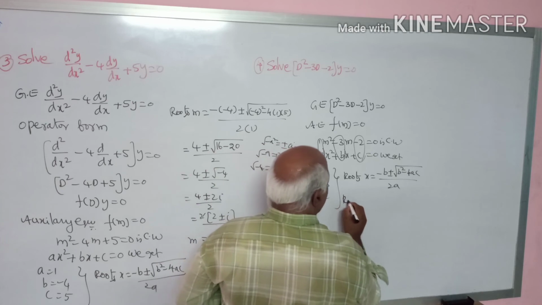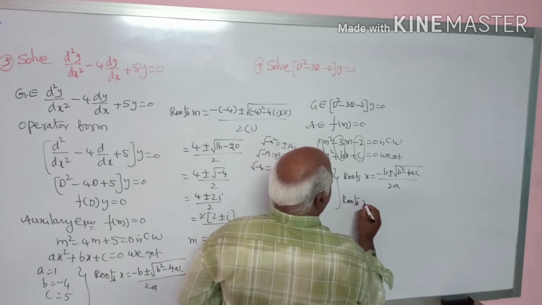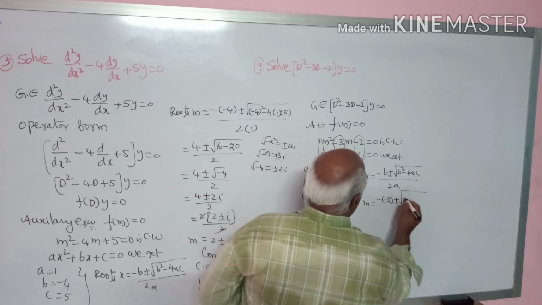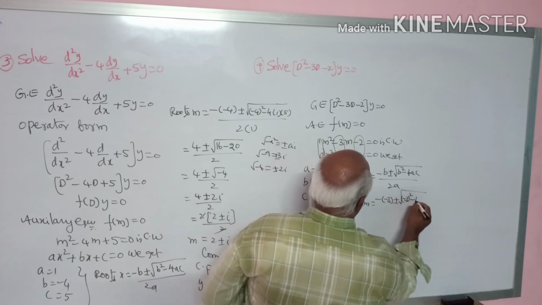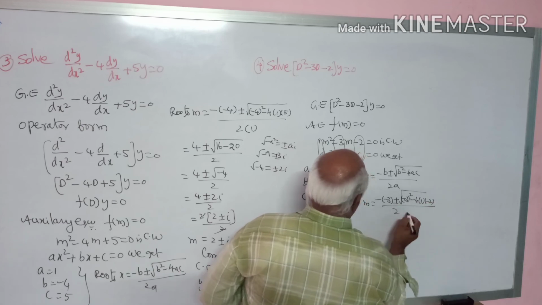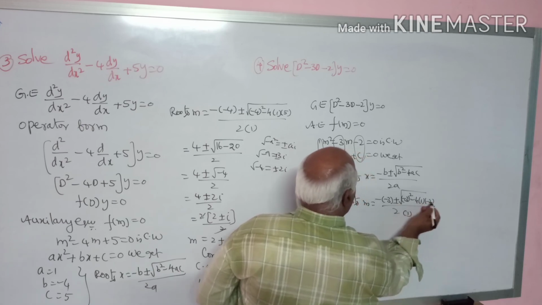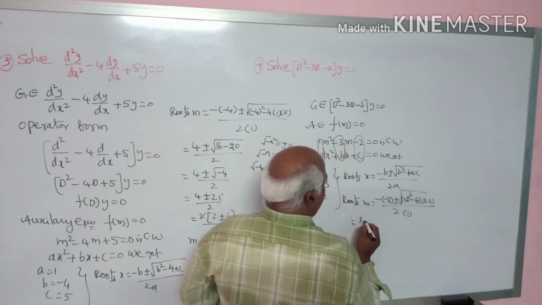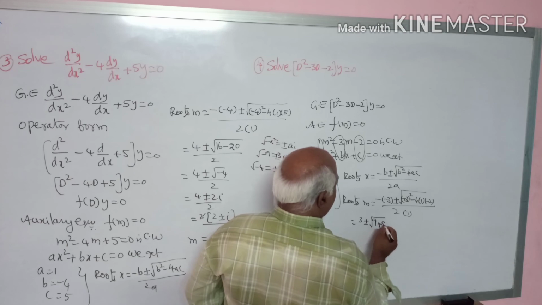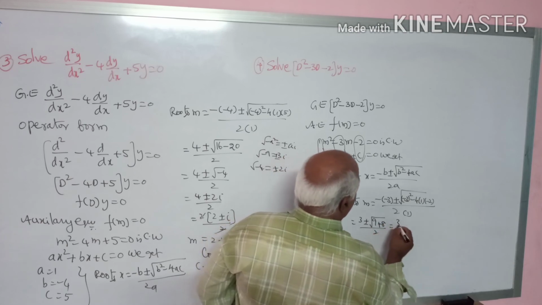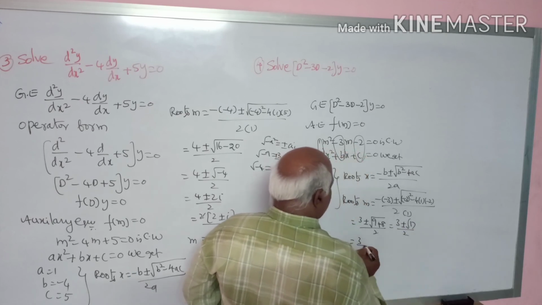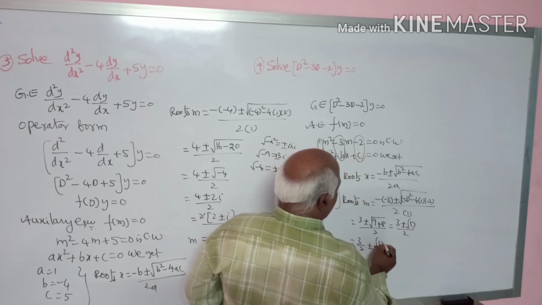Therefore the roots m is equal to, for the given problem, minus of minus 3 plus or minus root of minus 3 whole square minus 4 into a into c by 2 into 1, because the a value is 1 and the c value is minus 2. That gives 3 plus or minus root of 9 plus 8 by 2, that is equal to 3 plus or minus root 17 by 2. You can write it as 3 by 2 plus or minus root 17 by 2.